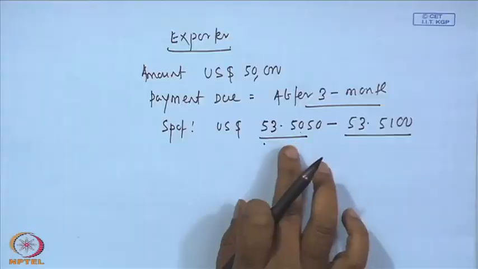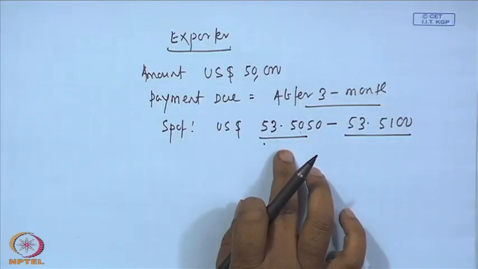The transaction risk is the fluctuation of the US dollar against the rupee. The transaction risk is spread over 3 months, so within 3 months anything can happen. So, there is a transaction exposure for the Indian company.